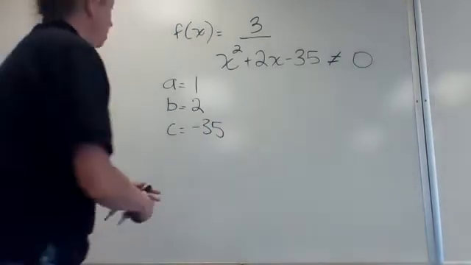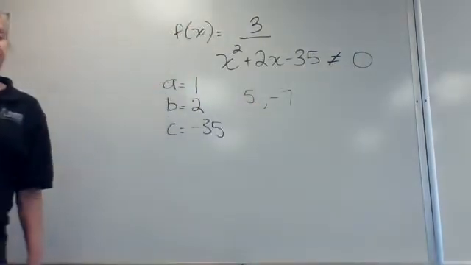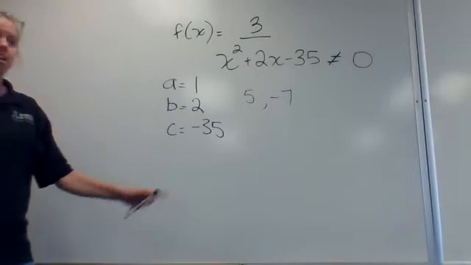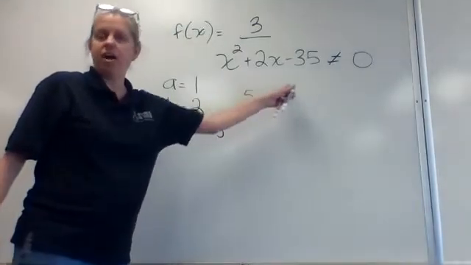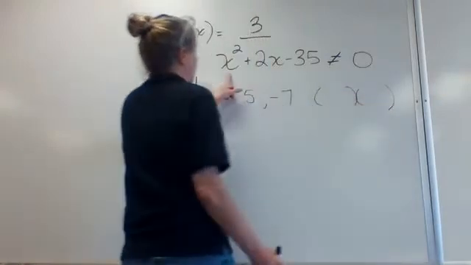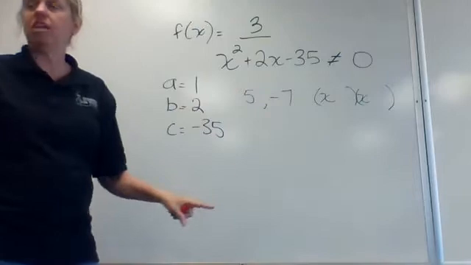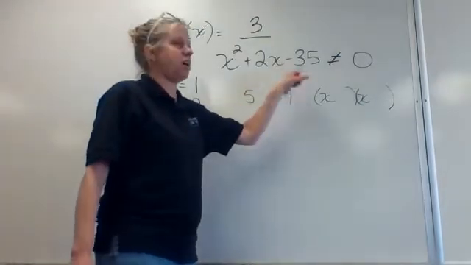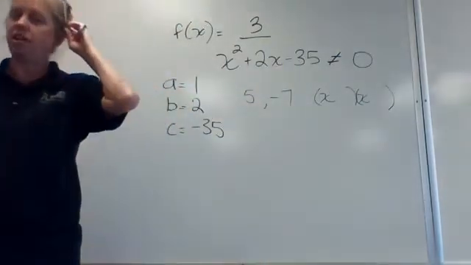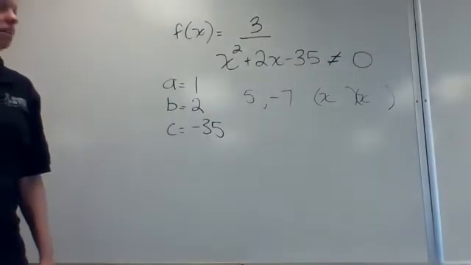Which would give you 5 and negative 7. Okay, if you don't have quad, this is actually not a bad factoring problem, right? You could factor that trinomial. x and x for x squared. Numbers that multiply to equal negative 35. If you're multiplying to equal a negative, what is your automatic sign situation going to be?